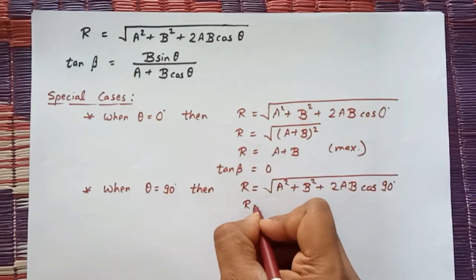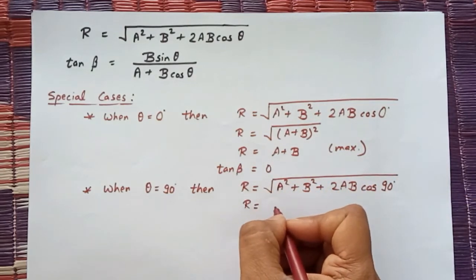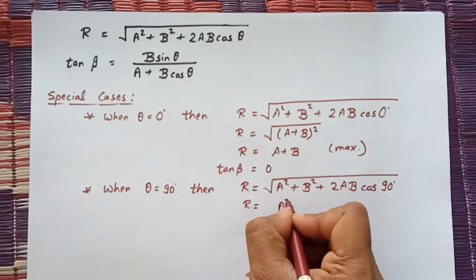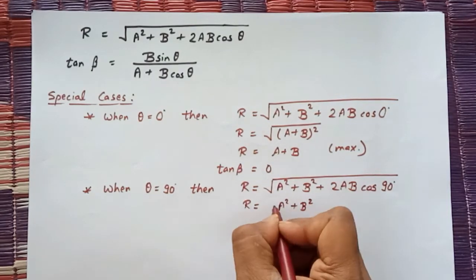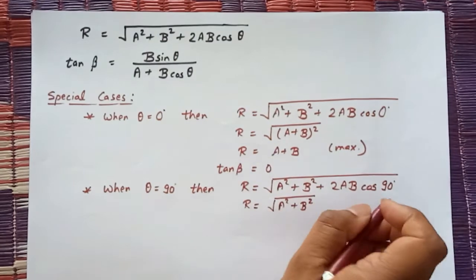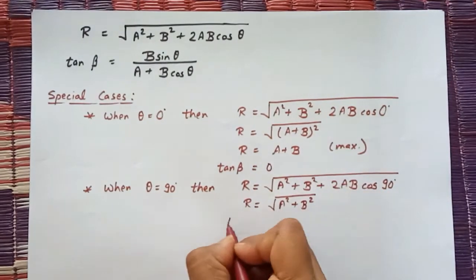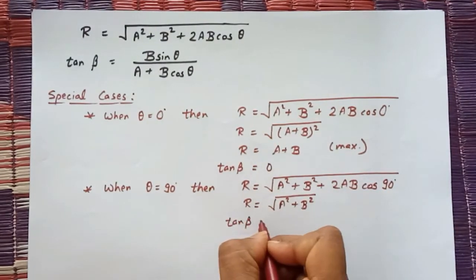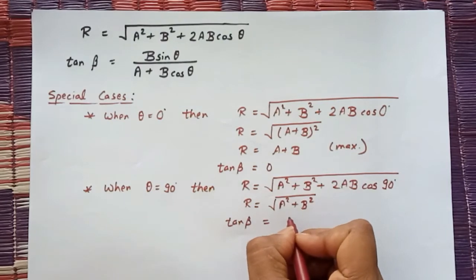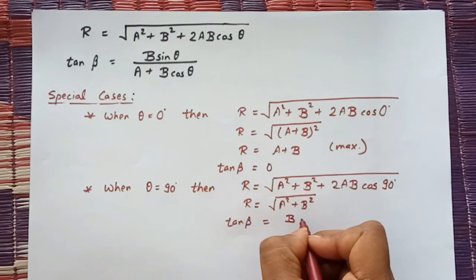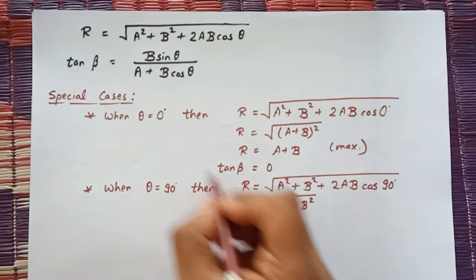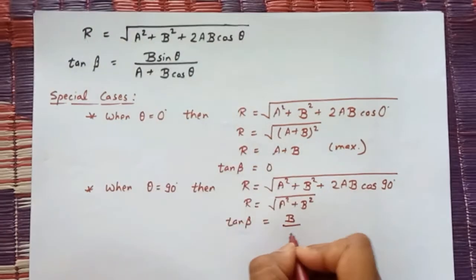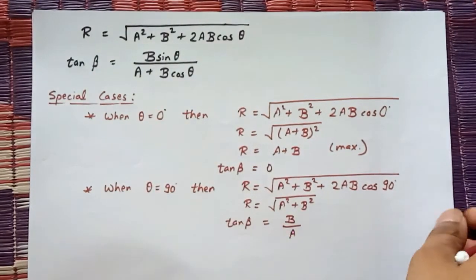So R vector will be equal to square root of A square plus B square. And what will be tan beta? Tan beta will be equal to B sin 90, which is 1, upon A plus B cos 90, which is 0. So it will be B upon A.